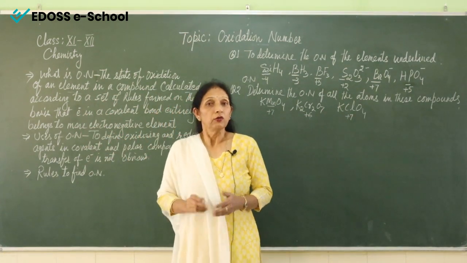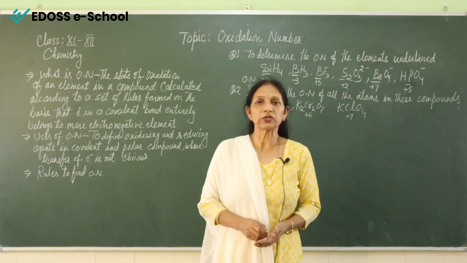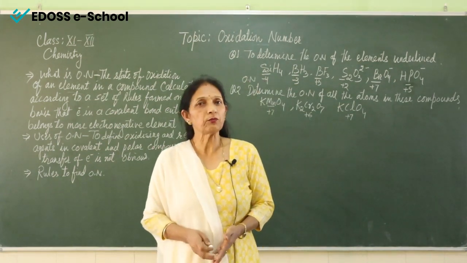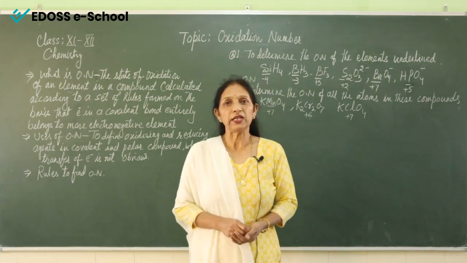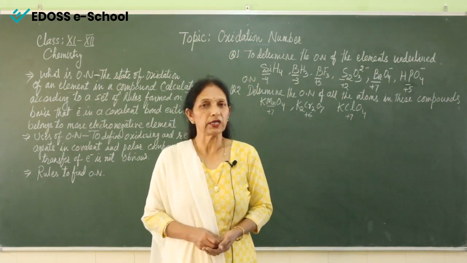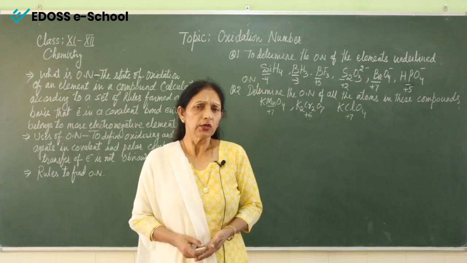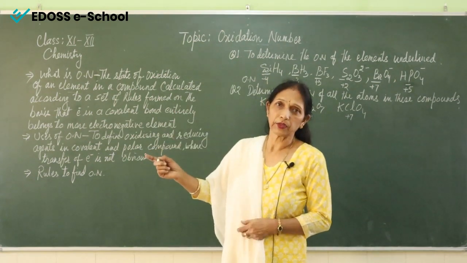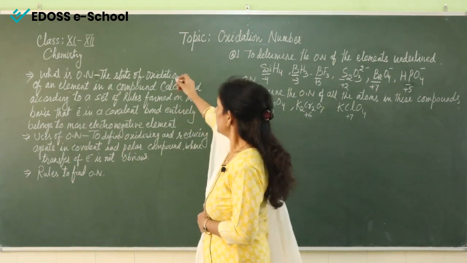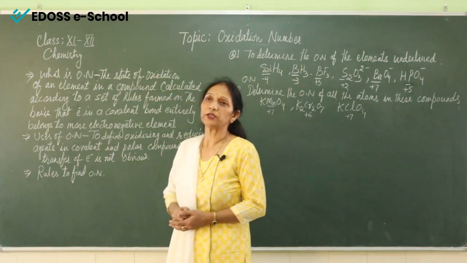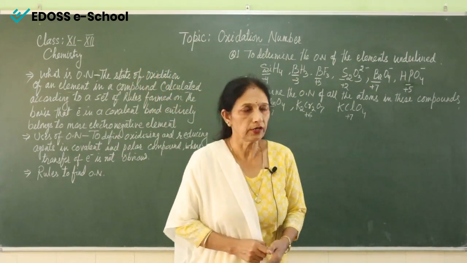That means when a compound is formed, sometimes a covalent bond is formed between two elements and one of the elements is more electronegative than the other one. When we calculate the state of the element in this way, it is known as its oxidation number.